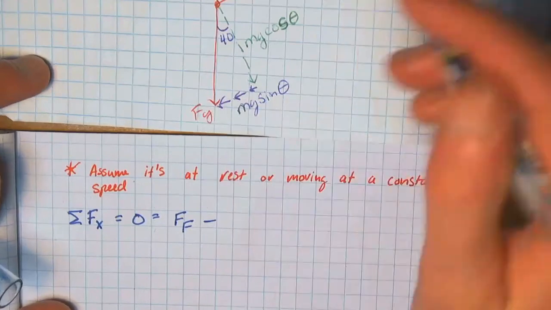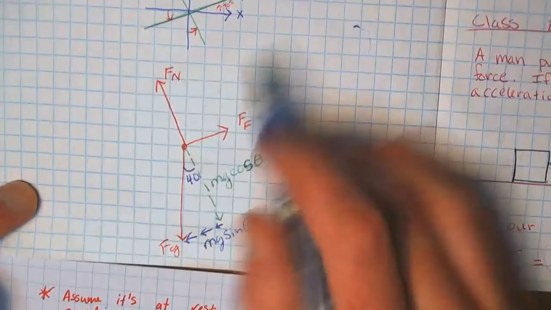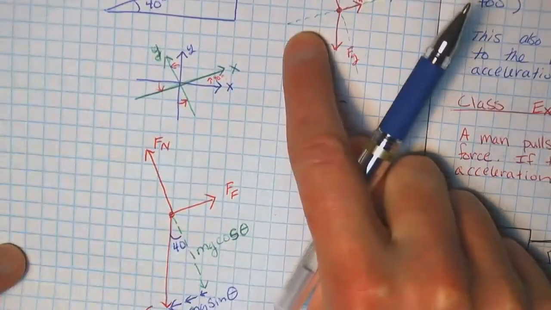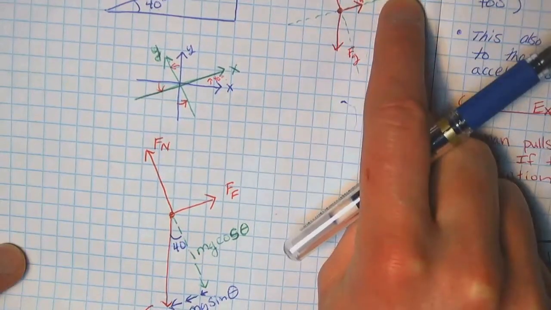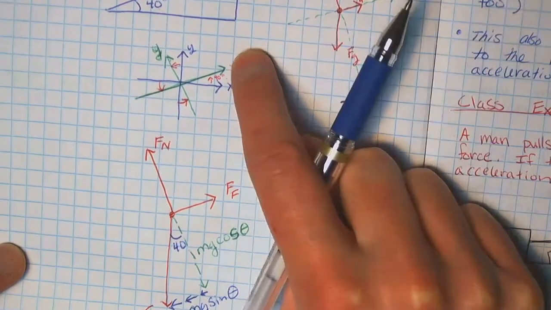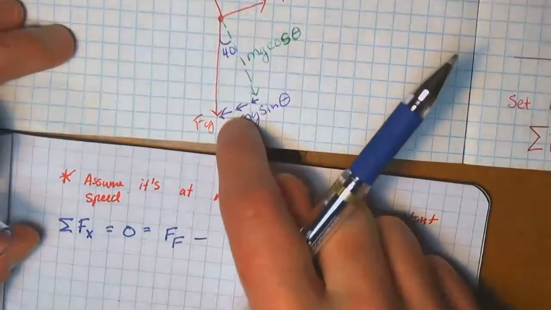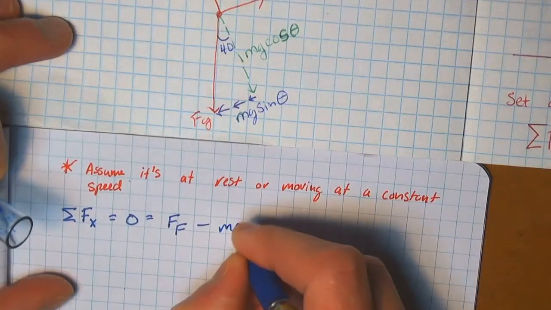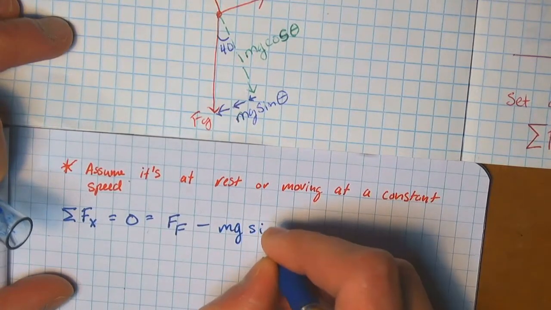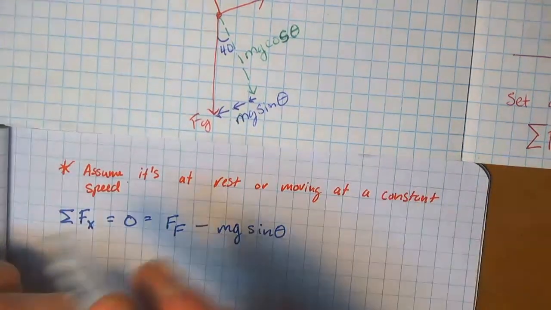Instead of looking for horizontal forces, we're looking for forces that are aligned with our new x direction, which would be this direction right here. So we're looking for things that are pointed up and to the right versus down and to the left. The other force would be this mg sine theta, so minus mg sine theta, which again, theta is 40 degrees for us.